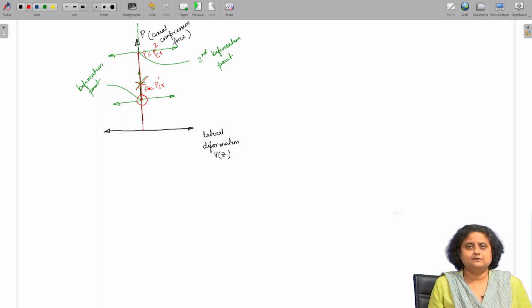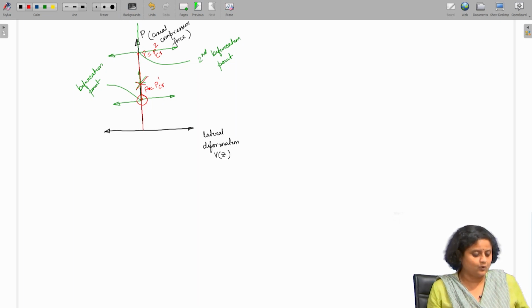As you might have understood, the critical load of a column will depend on the boundary condition. We have found it out for a pin-pin boundary condition. In later lectures, we will find it out for other boundary conditions, that is fixed-free or fixed-fixed and so on.